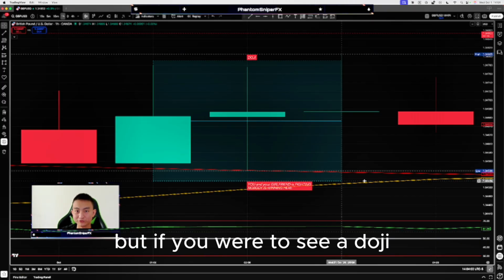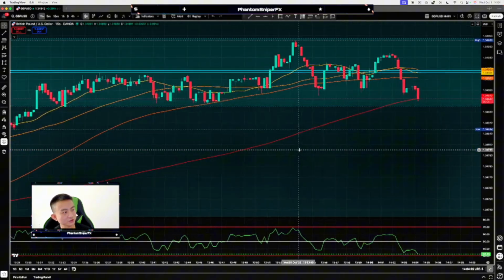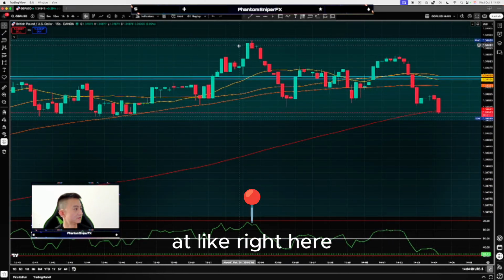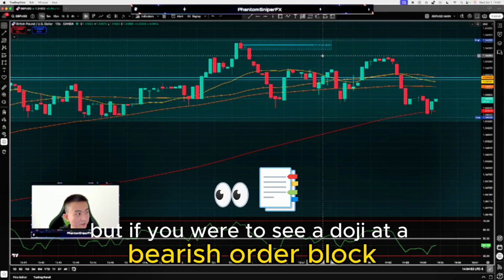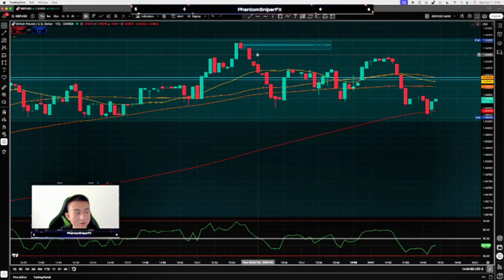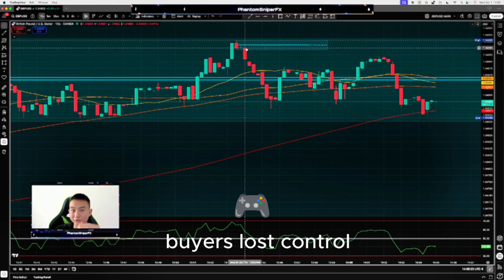But if you were to see a doji at a bearish order block, that means the price can't increase anymore. The buyers lost control.